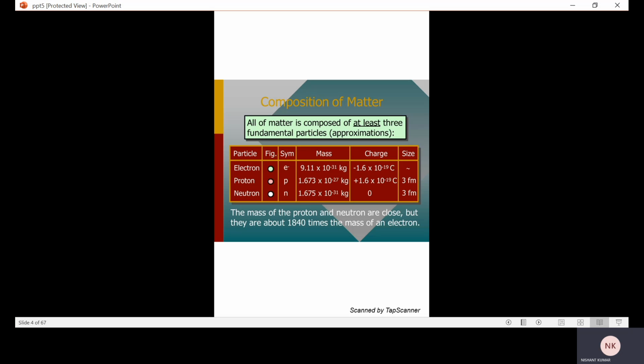The mass of a proton is 1.673 into 10 to the power minus 27 kg, and the charge is plus 1.6 into 10 to the power minus 19 coulomb. The mass of a neutron is 1.675 into 10 to the power minus 27 kg, but its charge is 0. The masses of proton and neutron are close, but they are about 1840 times the mass of an electron.